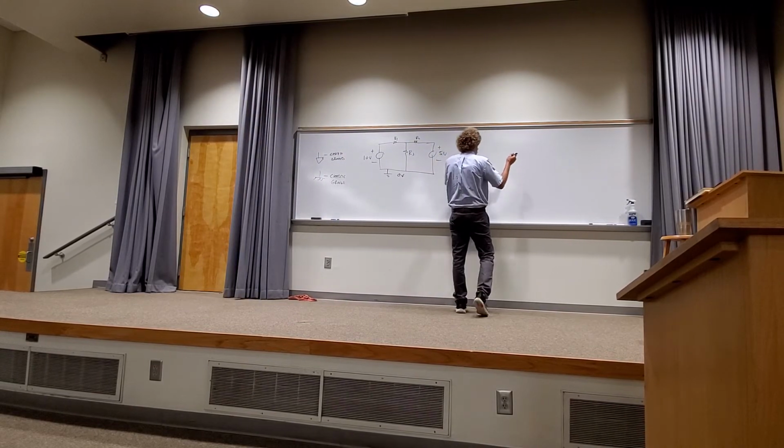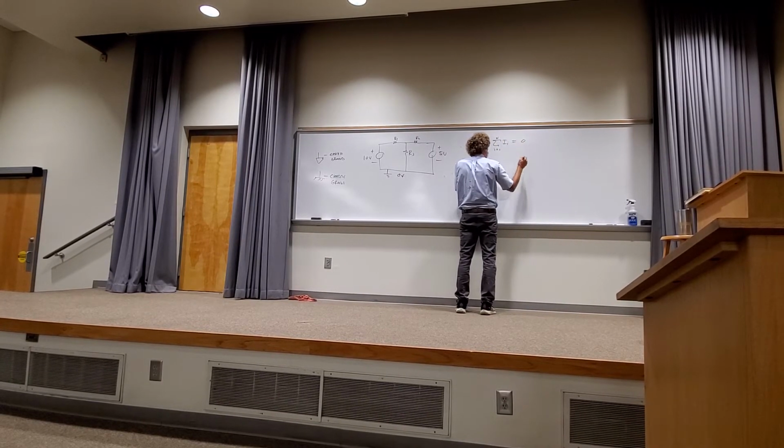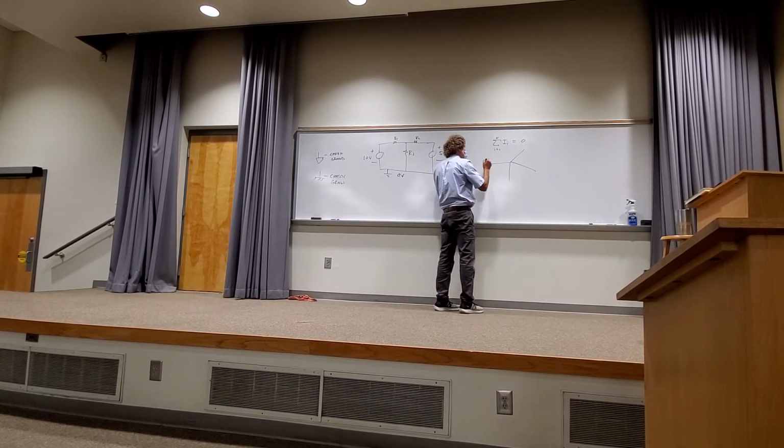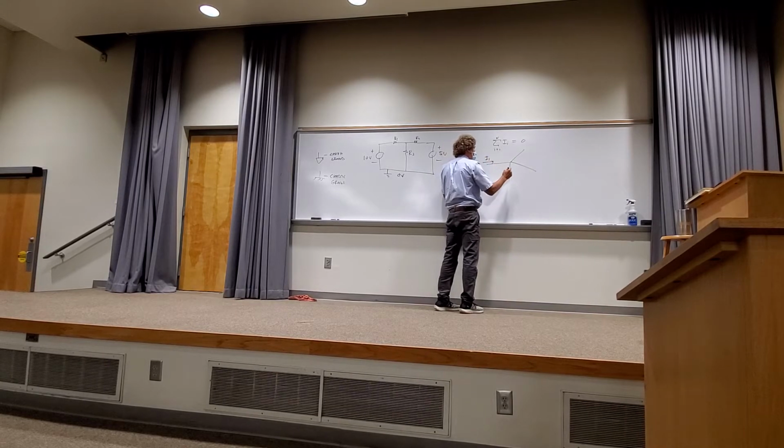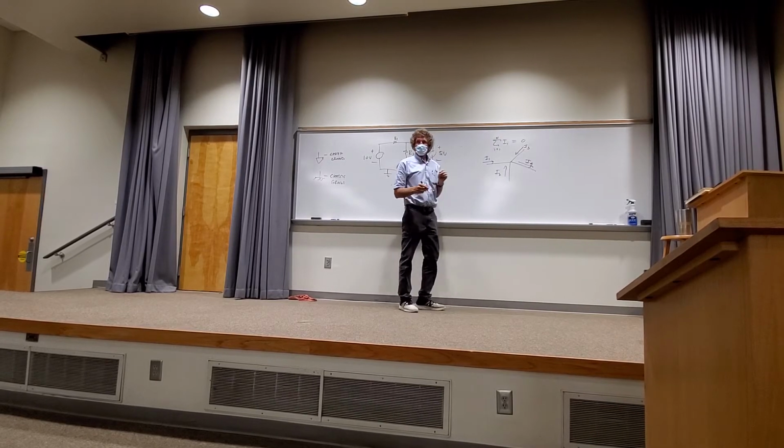So when I take a look at the algebraic sum of all the currents into a junction equal to 0, what do I mean by that? This is what I mean. Suppose I have a junction, and I have I1, I2, I3, and I4.